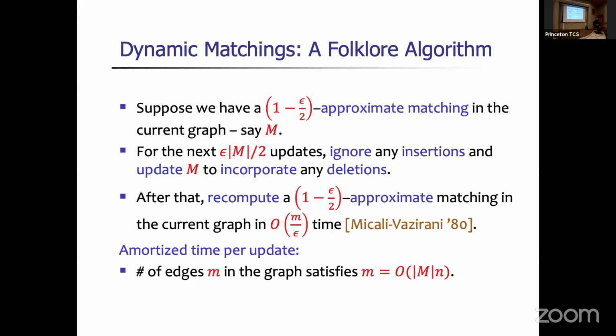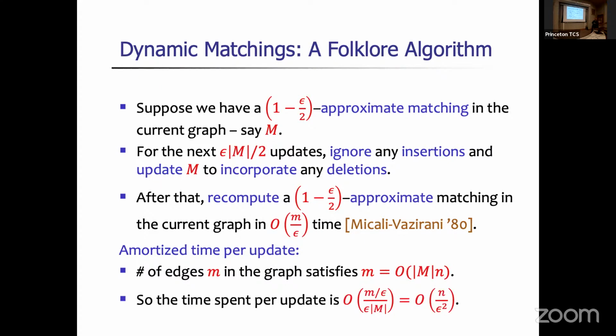Okay, so let's see how much time we are spending per update. So the number of edges in the graph can be no more than order n times the cardinality of M. Basically, all the edges in the graph are incident on the endpoints of the vertices that participate in a maximum matching, and so you can bound the number of edges in terms of the size of the largest matching.